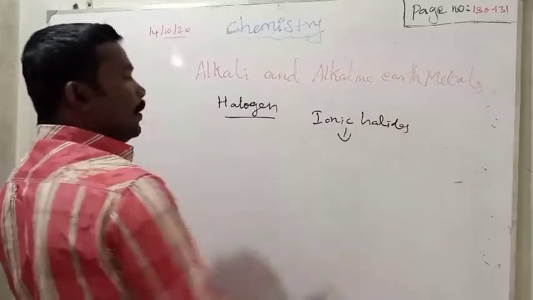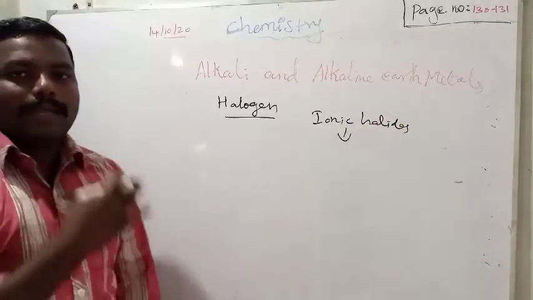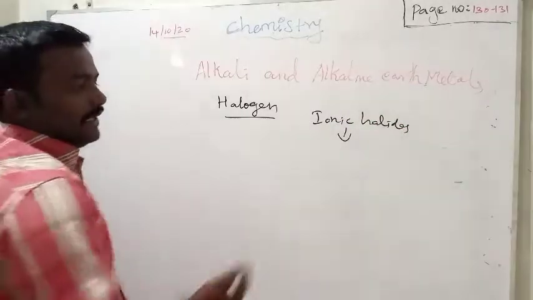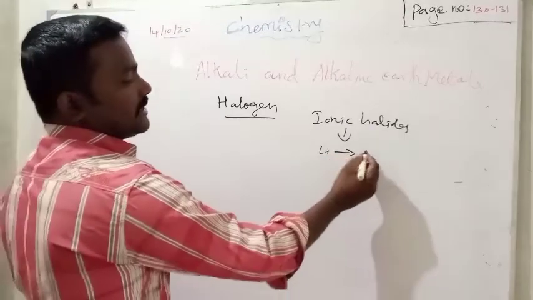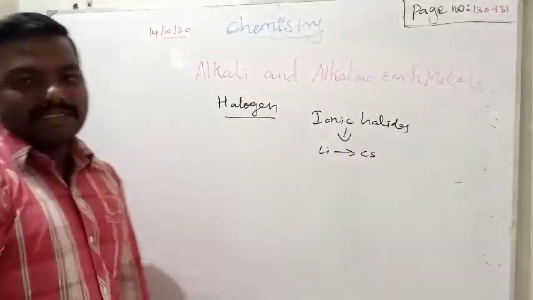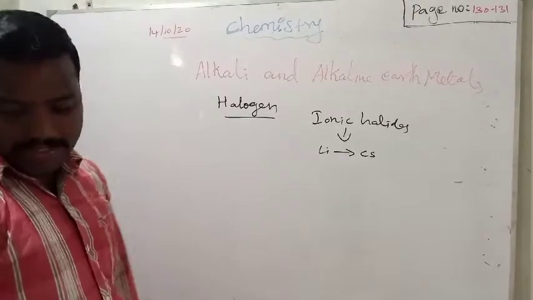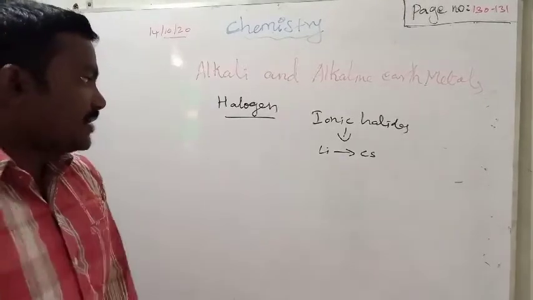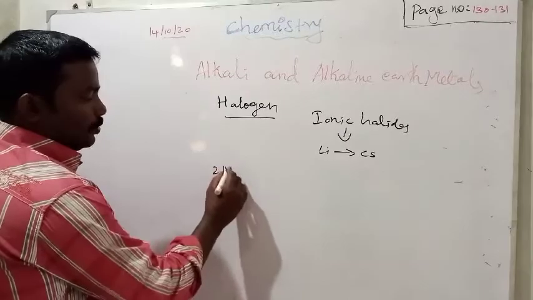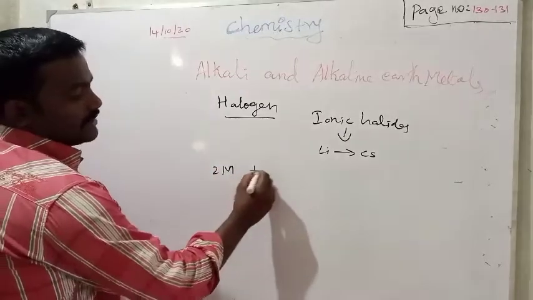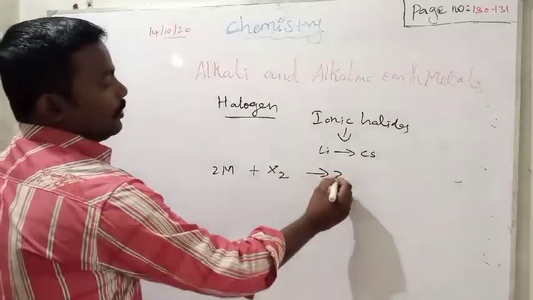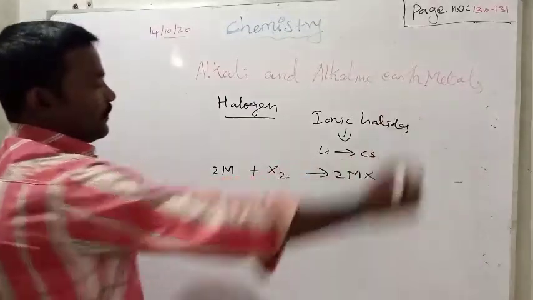Again, from top to bottom the reactivity increases, so from lithium to cesium the formation of ionic halide increases. See how the general reaction takes place: 2M + X2 gives 2MX.